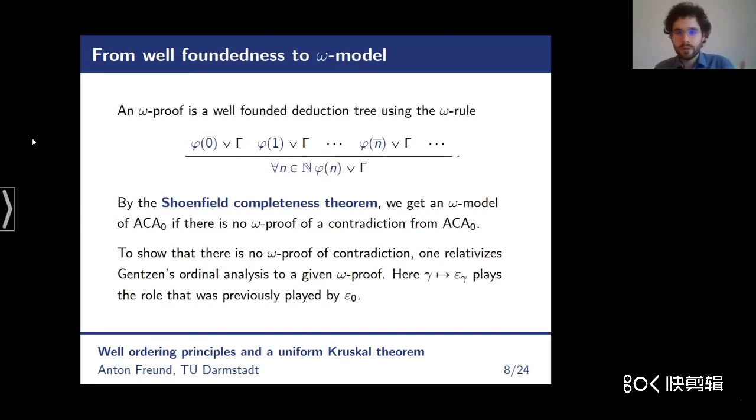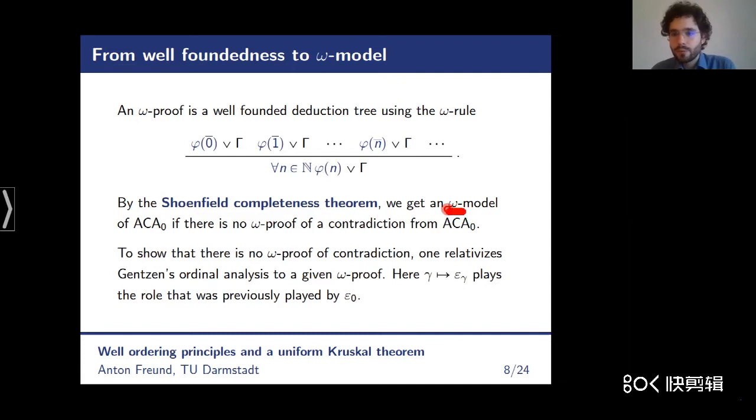And the completeness theorem allows you to do exactly the same, but for these infinite omega proofs and omega models. Namely, it tells you that if there is no omega proof of a contradiction from arithmetical comprehension, then you get an omega model of arithmetical comprehension.